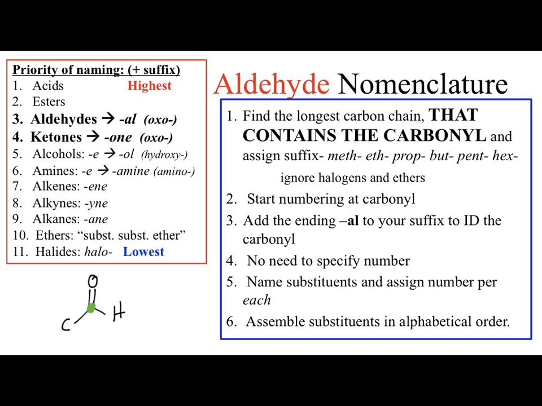That carbon for our aldehyde functional group can only continue one direction. Assuming we don't have any other functional groups like the ester or the acid, aldehydes are our highest priority, which means carbon number 1 is going to start right where the aldehyde is.